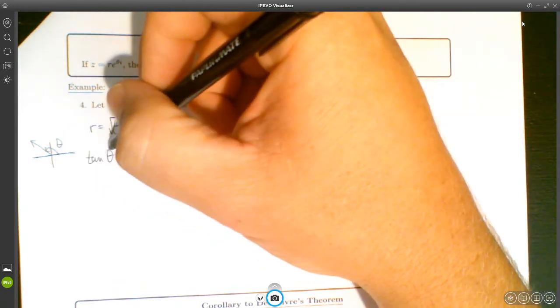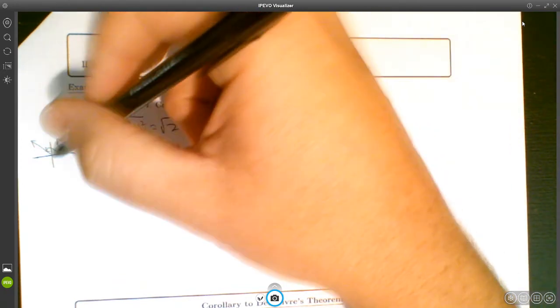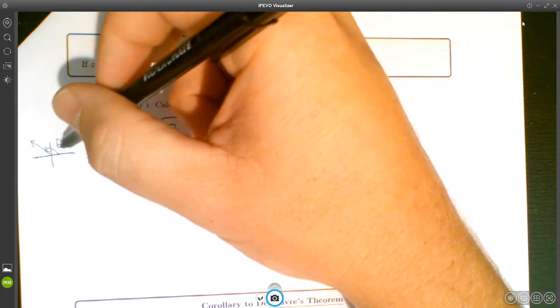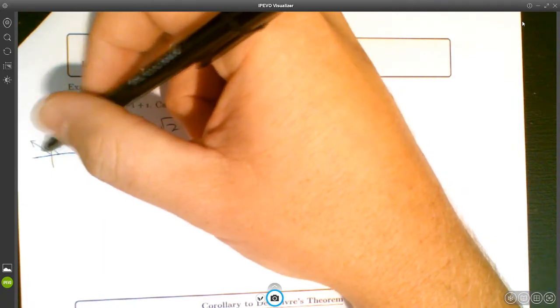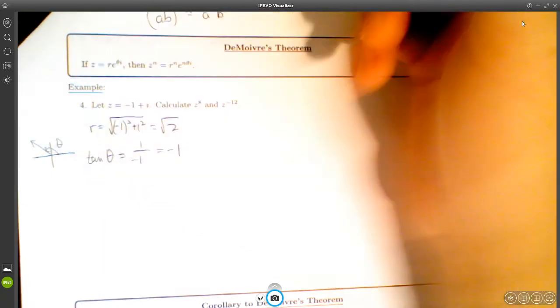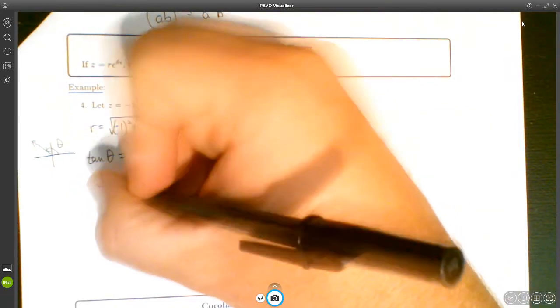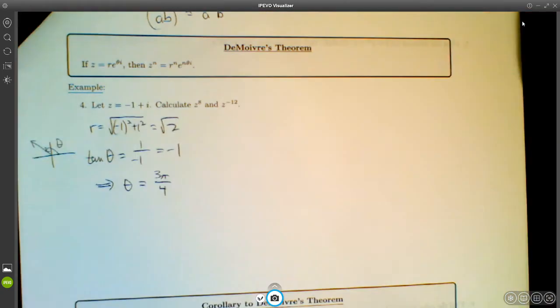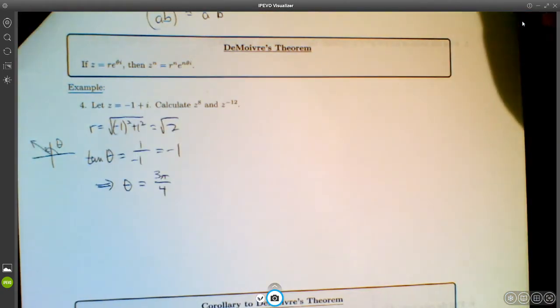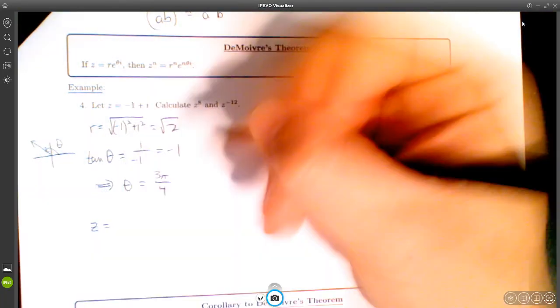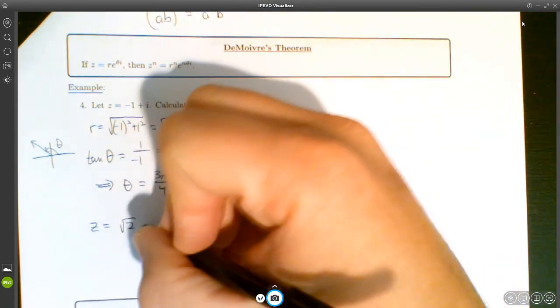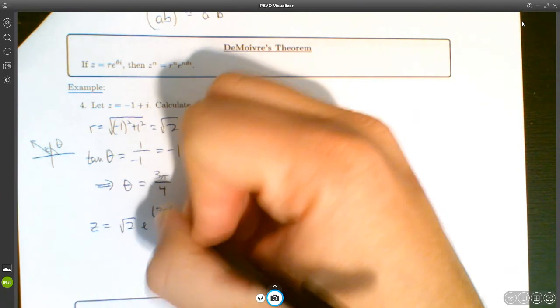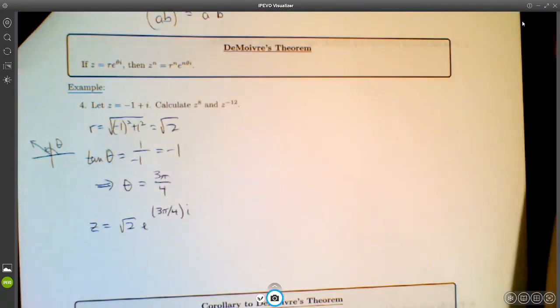So the reference angle for theta is going to be 45 degrees, pi over 4. But we need to be over here in quadrant 2, so I think that's going to be 3 pi over 4, right? So theta is going to be 3 pi over 4. Okay, so our complex number z is r e to the theta i.